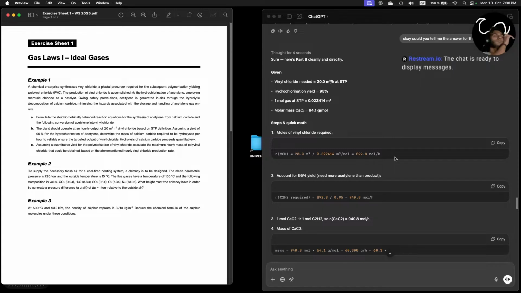So the stoichiometric ratio of vinyl chloride and acetylene is 1:1.